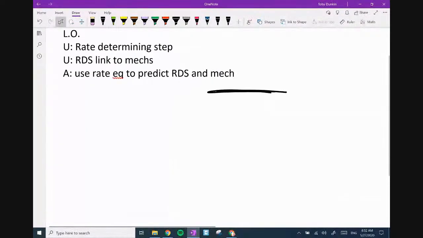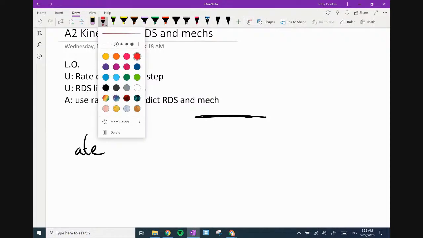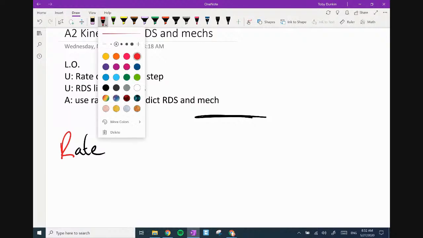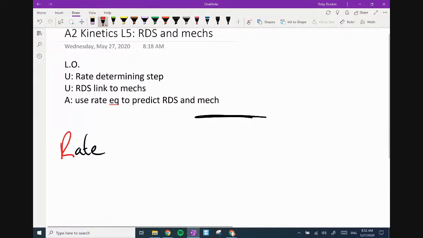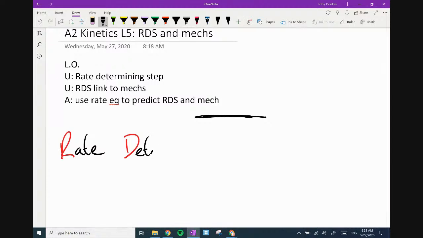Okay, so RDS, rate determining step. Cool, I always love using that.